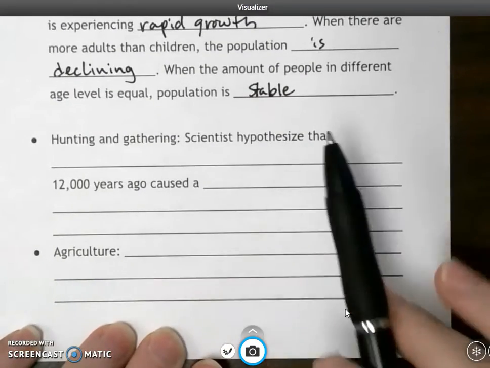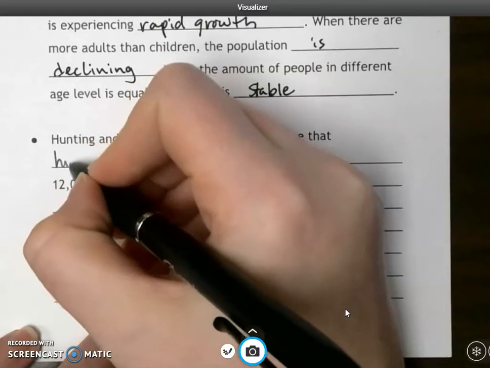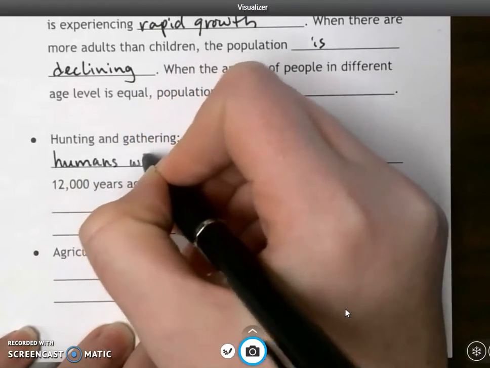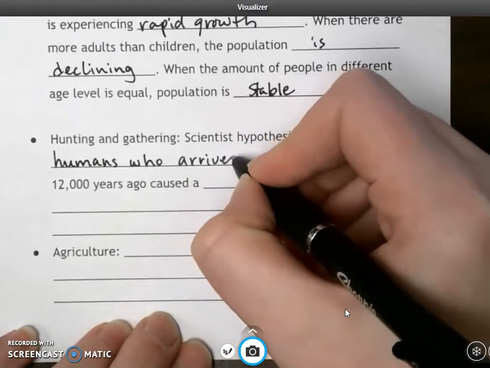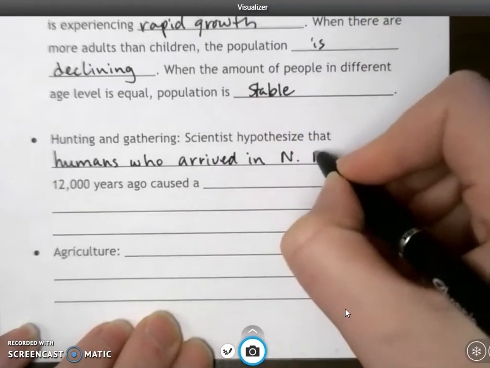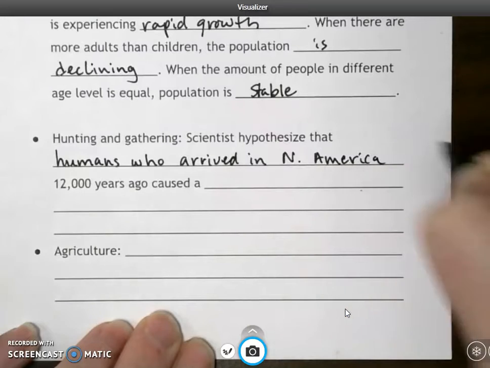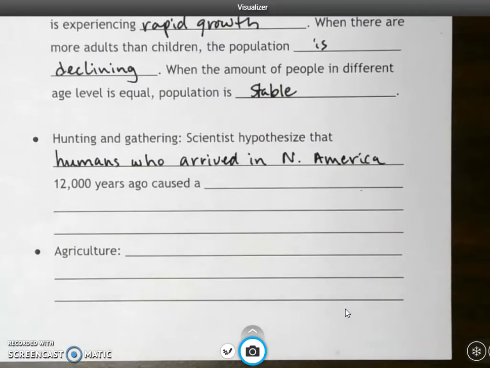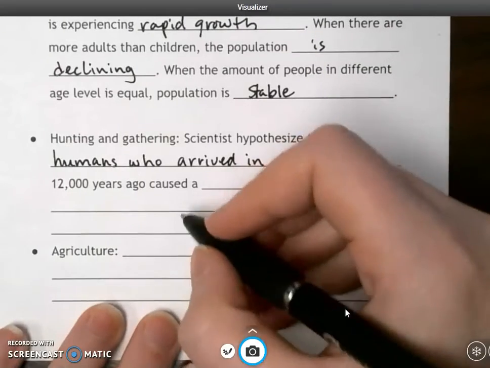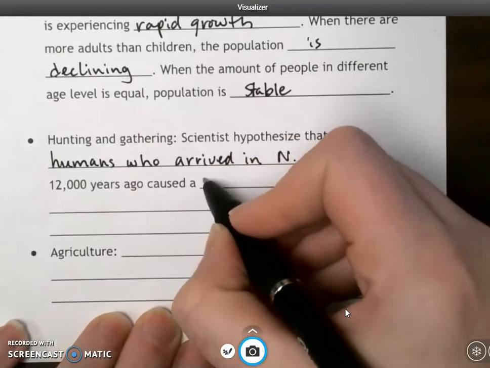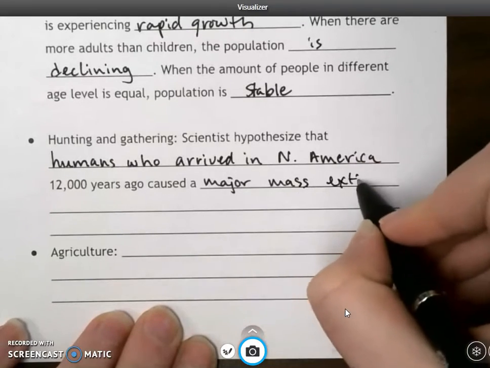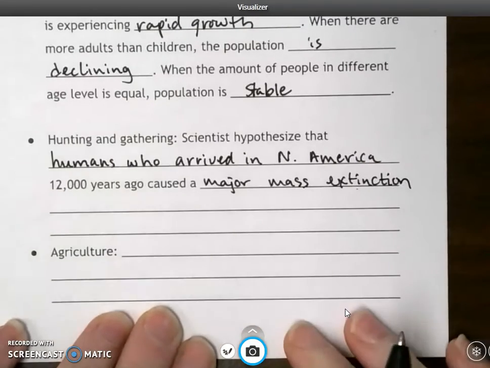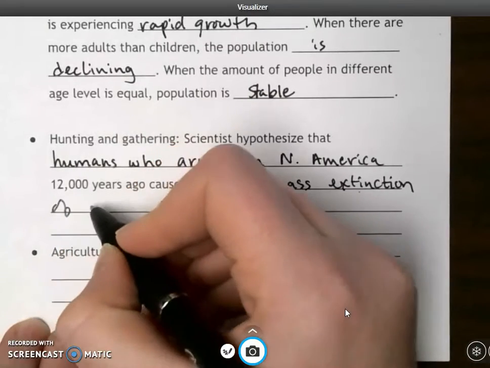Scientists hypothesize that the humans who arrived in North America 12,000 years ago, those ones that came over on the Siberian land bridge, caused a major mass extinction of animals.